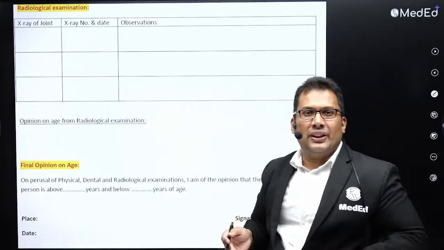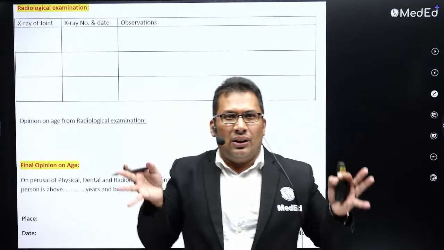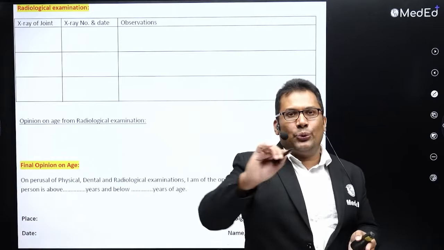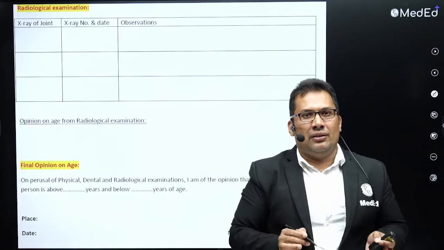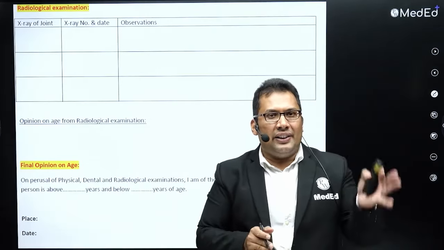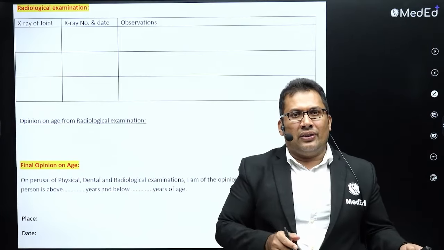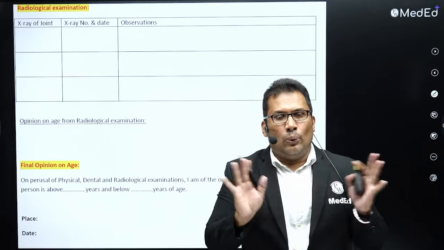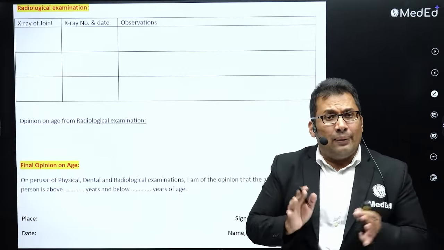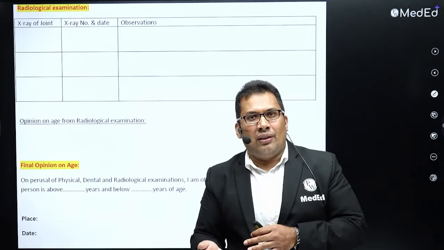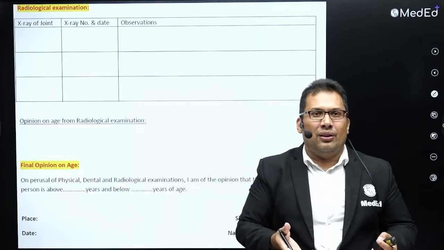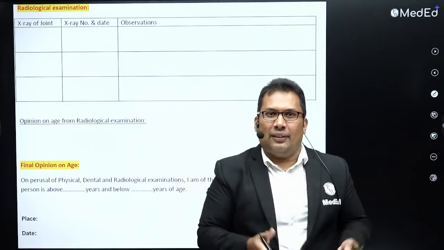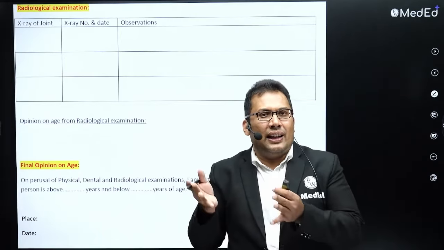So that completes the dental examination. Once you complete dental examination and mention it in the dental chart, then you can give the opinion. The age is more than this, less than this. Next is the important radiological examination. In some exams or some centers they give X-ray. Some centers directly give a pro forma.